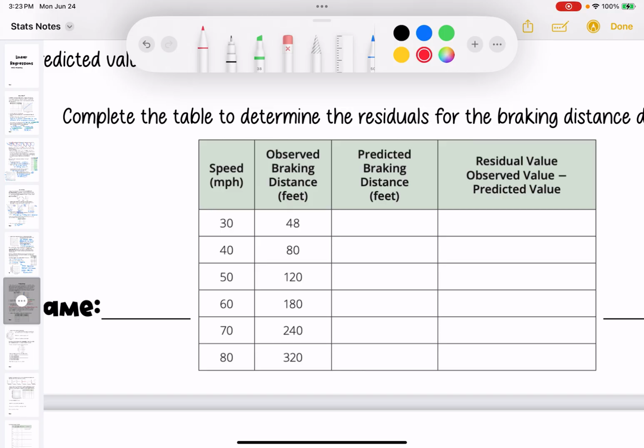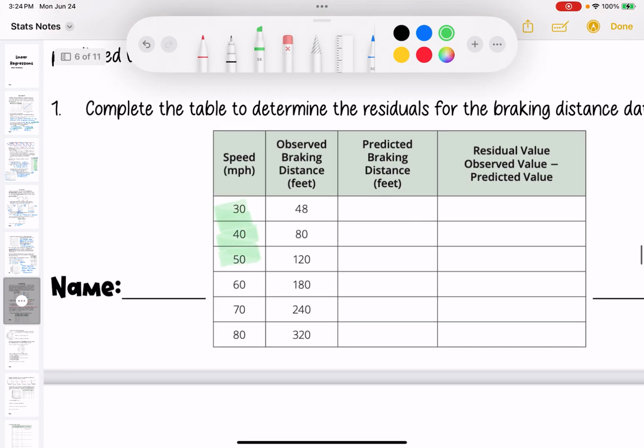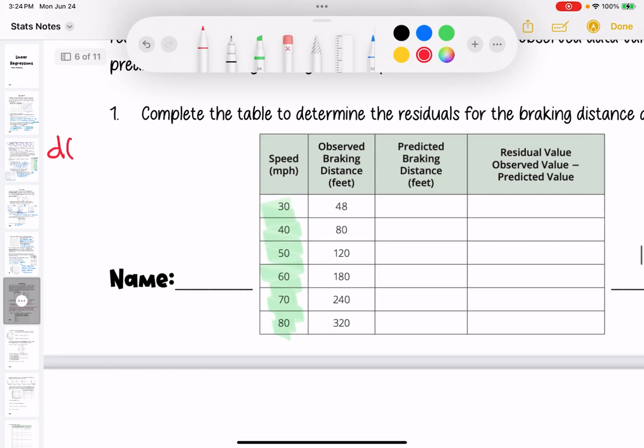How we're going to do that is plug these x values into our equation, and whatever we get is our predicted value. When I plug 30 into my calculator, I do 5.4 times 30 minus 134, and I get 28.